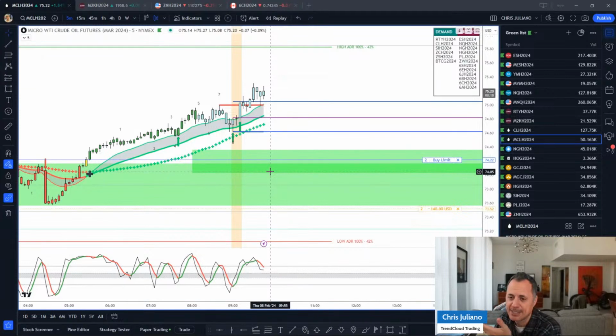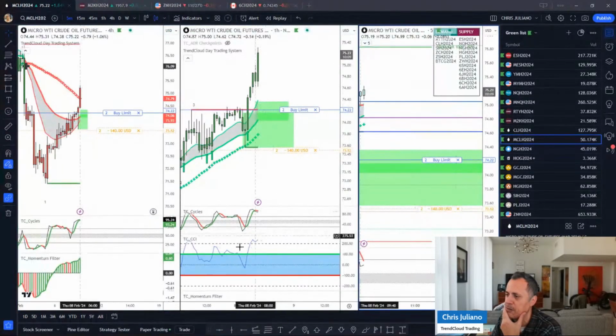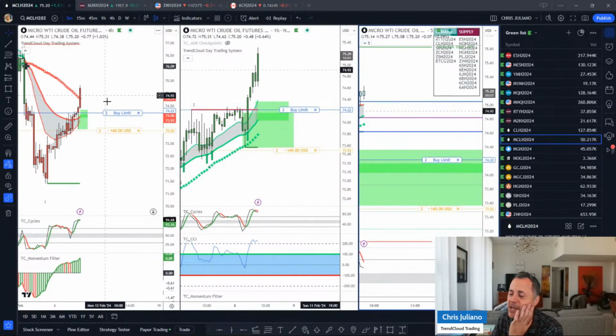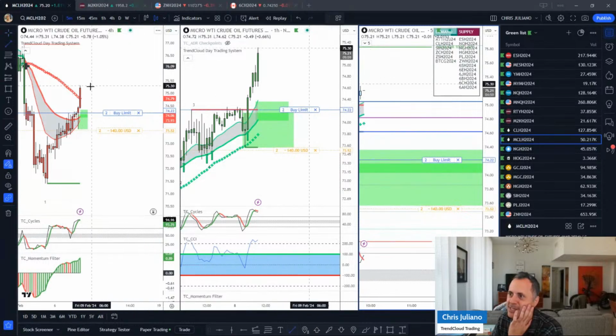If this pulls back, we should be able to get in on that because momentum has shifted to the upside, right? Trend is up. Momentum is up. We're breaking above. Now, the only thing that we don't like, right, is this.